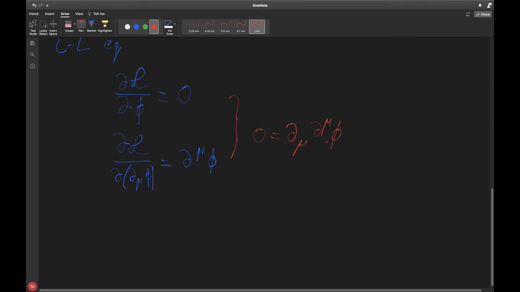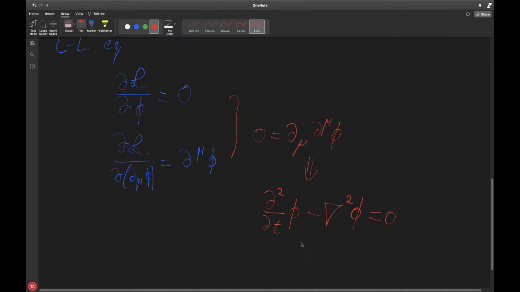If we want to expand this again, like we did earlier, this is the same thing as saying that we take the derivative of phi by time twice, and we subtract the nabla squared of phi, and that equals 0.